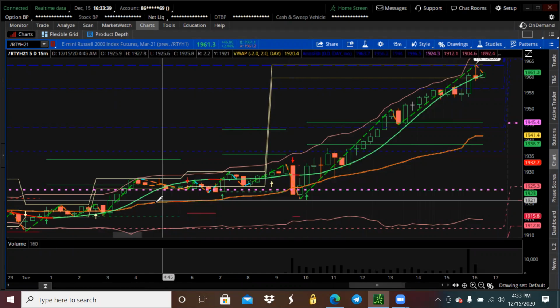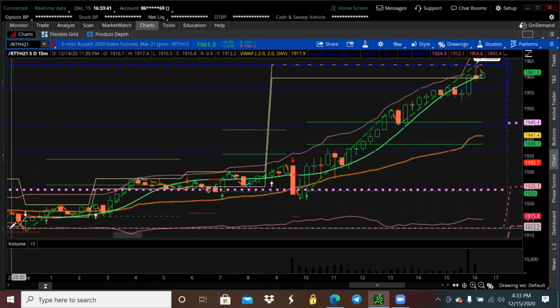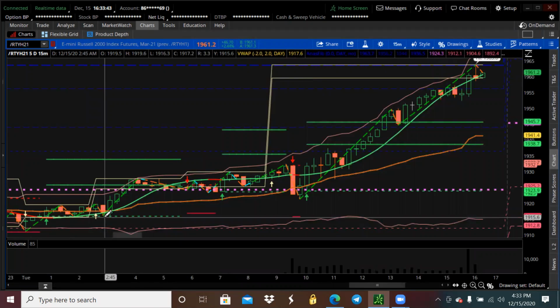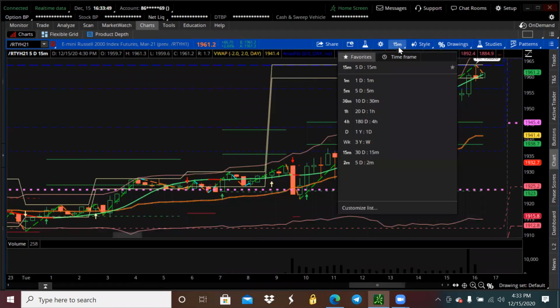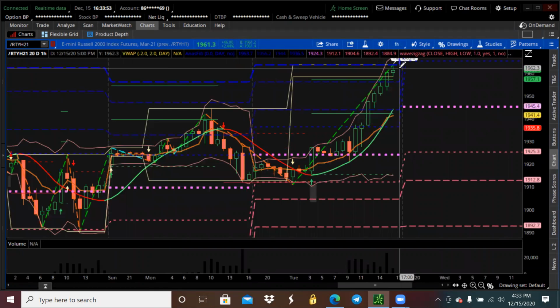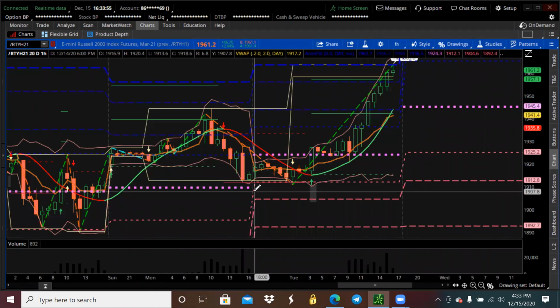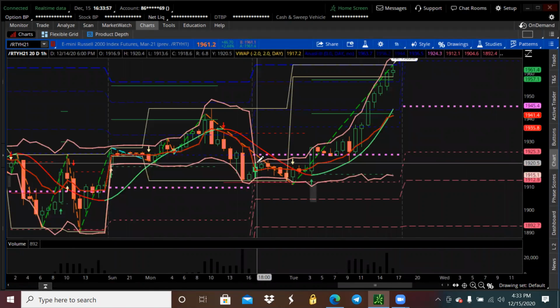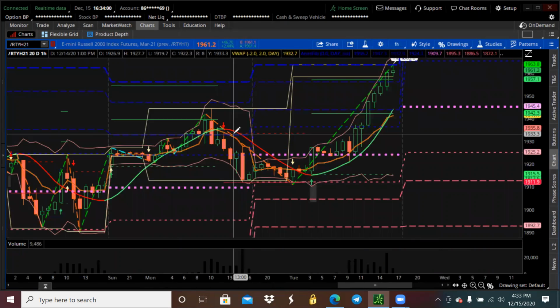Also, once we cross the BWAP on 15 minutes, you can even go look at hourly as well if you wanted to, this W pattern here, 1, 2, 3. You can see it, but let me show you what I'm talking about.